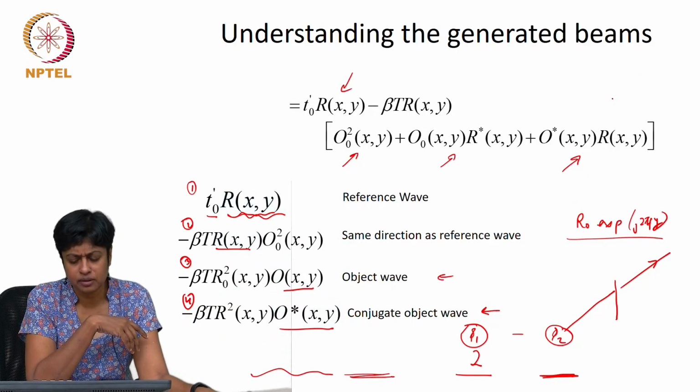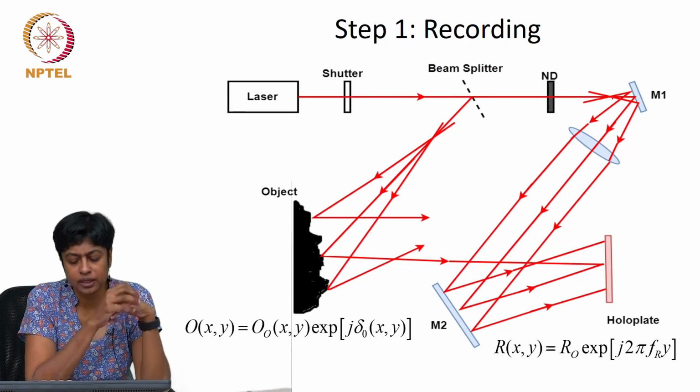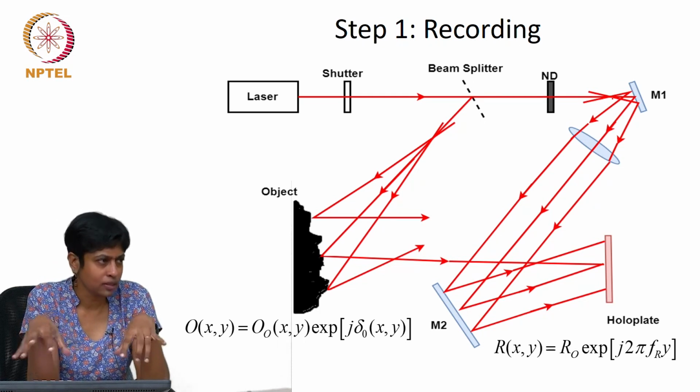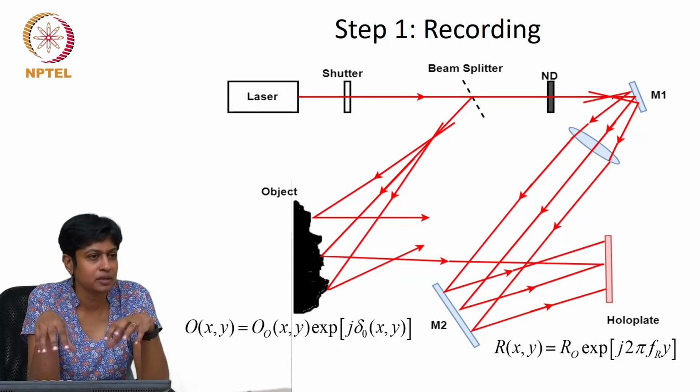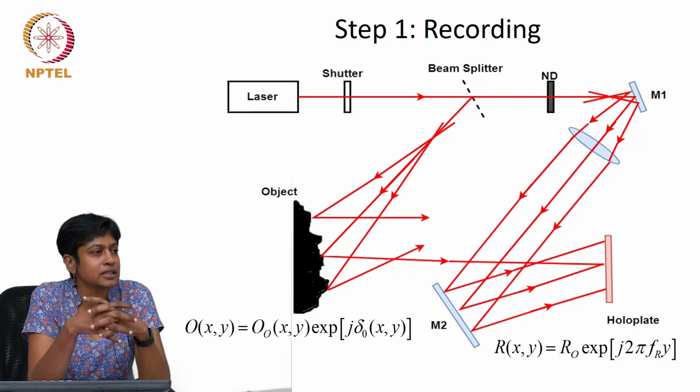So if we look at this recording process, I haven't drawn all the rays here. If I drew all the rays, it would be just too messy, right? Can you tell one big difference between this recording process and a recording of an image taken with a regular camera?